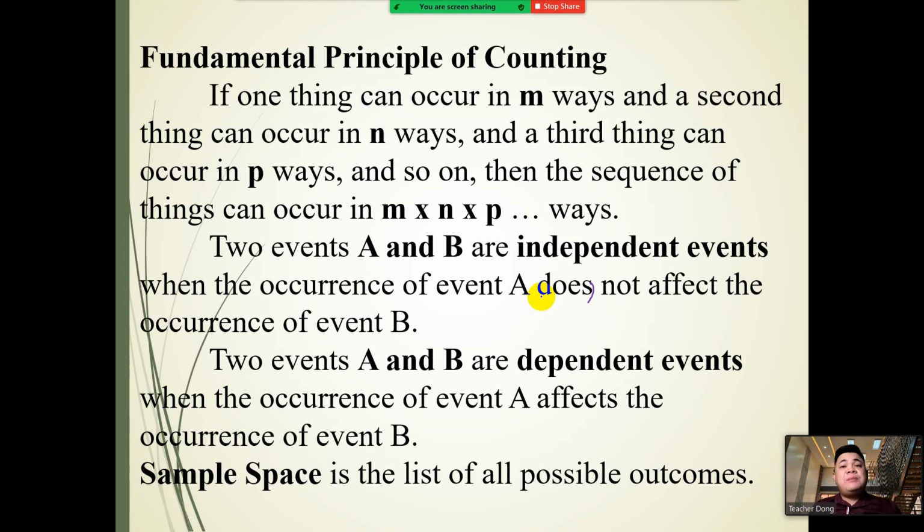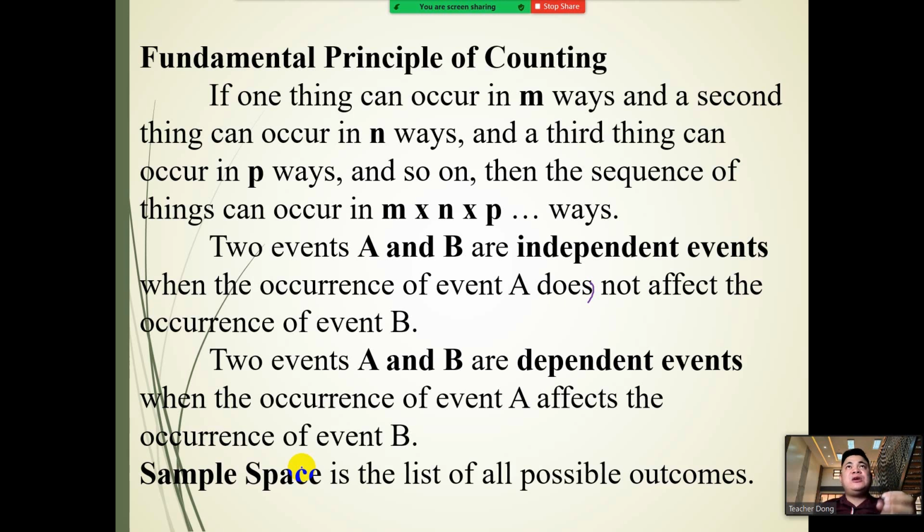How about dependent events? Two events A and B are dependent events when the occurrence of event A affects the occurrence of event B. Now, what do we mean by dependent? Let's say, for example, there's a restriction in picking marbles. Let's say we have red and blue marbles. For the first pick, you have to have at least one red marble.